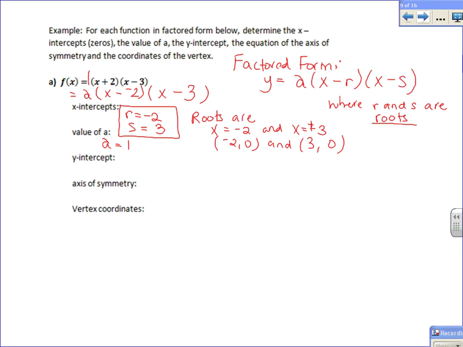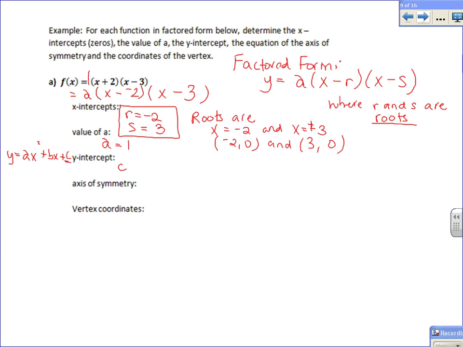The y-intercept. You have two choices here in terms of how you want to solve for the y-intercept. Remember, the y-intercept is c. A quadratic in standard form is this: y is equal to ax squared plus bx plus c, where c is my y-intercept.